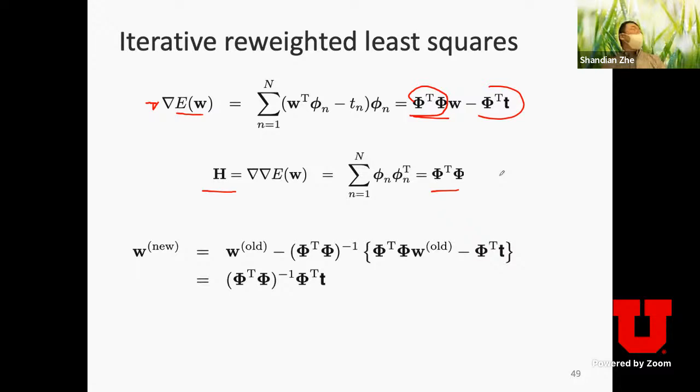Now we just apply Newton-Raphson: you multiply the inverse Hessian with the gradient of our objective. You substitute H and the gradient, you cancel a lot of terms, and finally it will give you this.